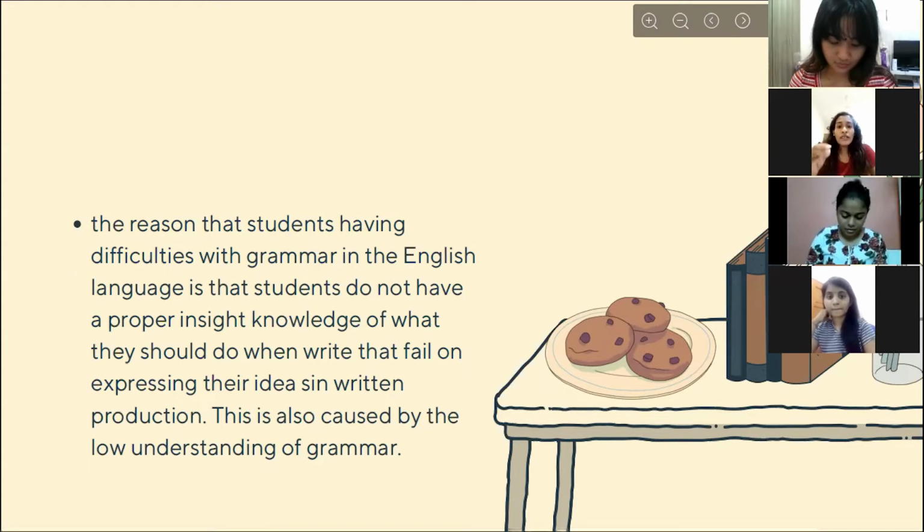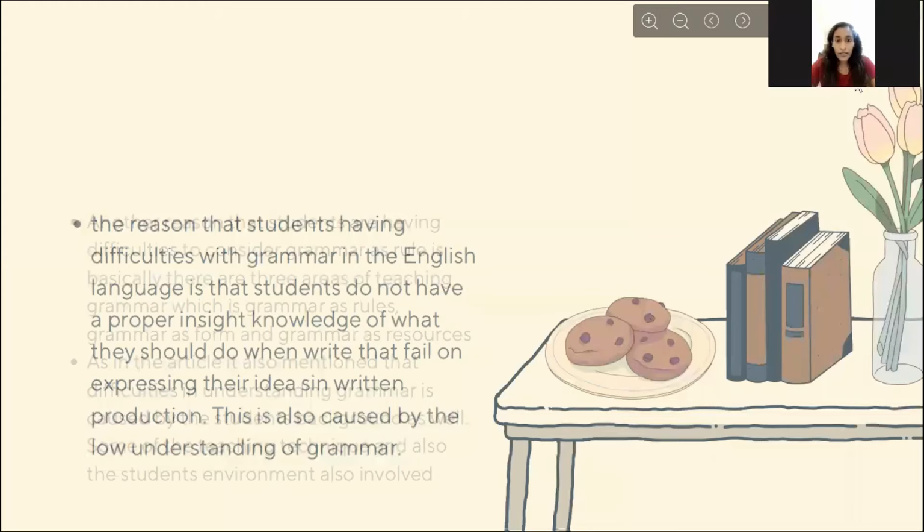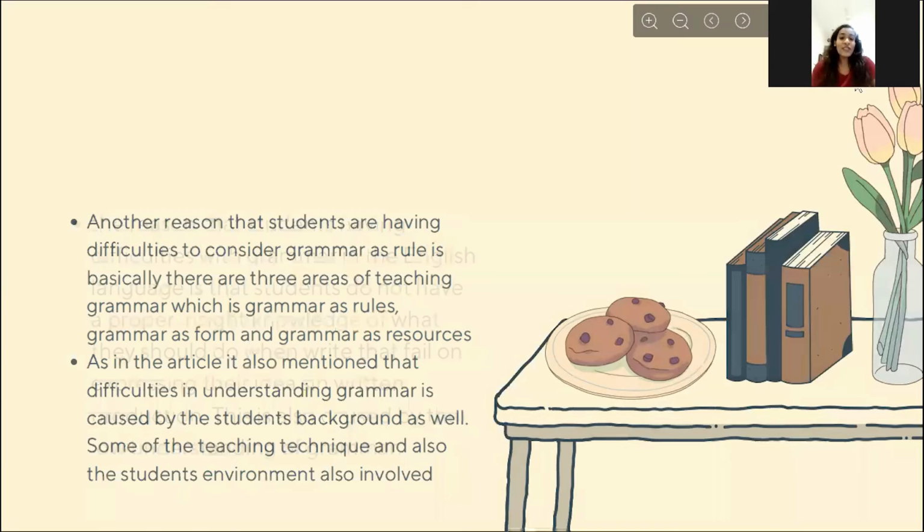So this is also caused by low understanding of grammar for the students. So for the next point, another reason that students are having difficulties in grammar is they fail to consider, or they really feel hard to consider grammar as a rule.